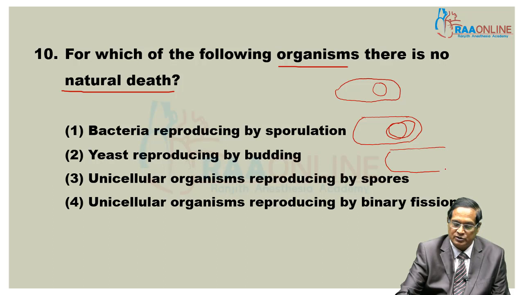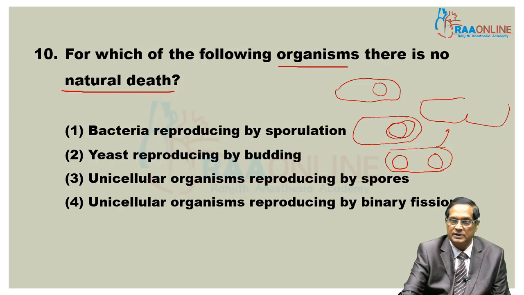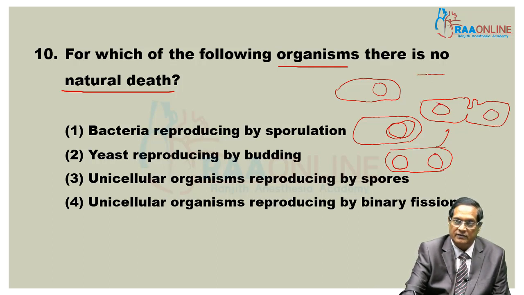Followed by the separation of genome. Then there is cytokinesis. Transverse cytokinesis takes place in the bacterial cell, like in an animal cell, by furrow formation. And see the final result. 2 bacterial cells, 2 daughter cells, are obtained.